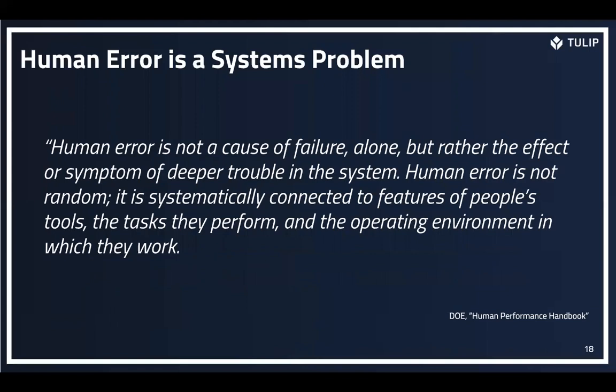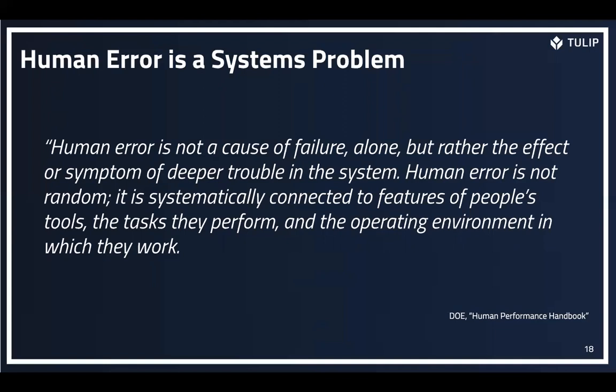This book comes from the Department of Energy's Human Performance Handbook. It was released about 10 years ago, and it's a really comprehensive study of human error in all sorts of high-risk industries. But the argument of the handbook is that human error can almost always be traced back to poor working systems, that the way we design our workflows and work structures builds opportunities for human error into it.